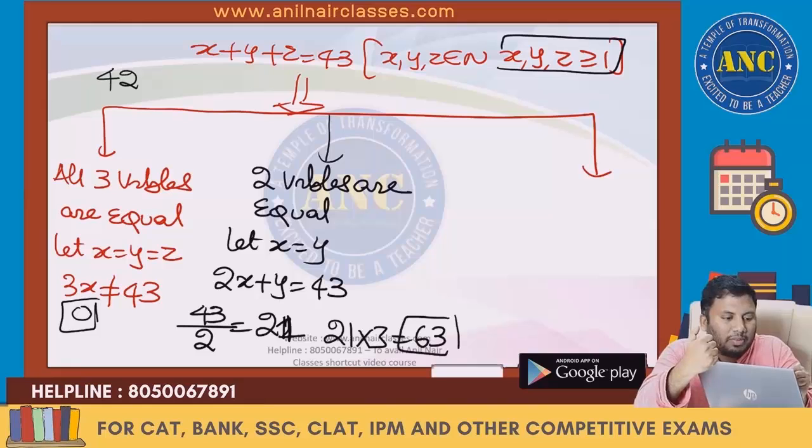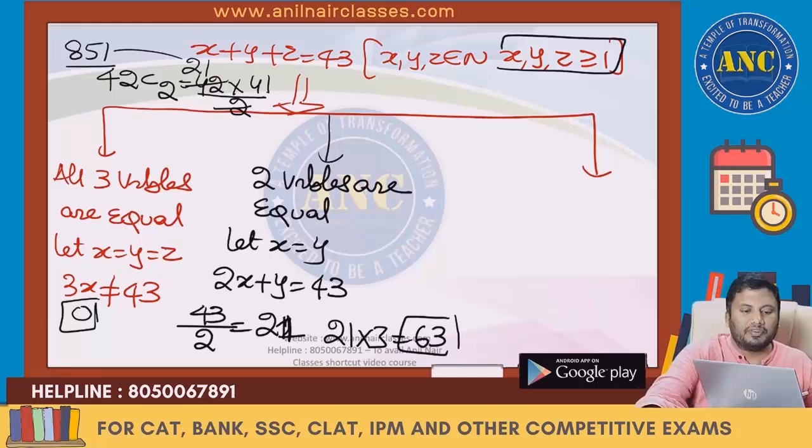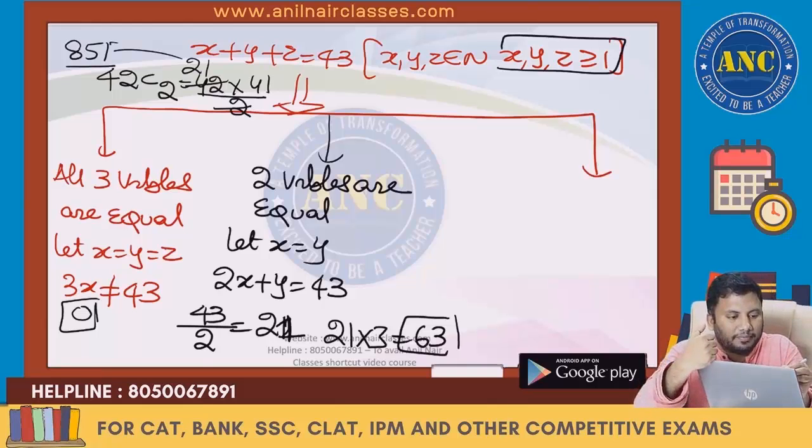43 is nothing but 42C2. So, 42 into 41 divided by 2, which is 41 into 21, which is 861.